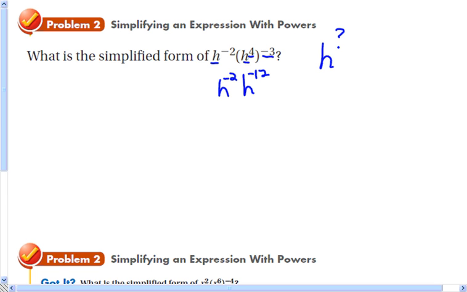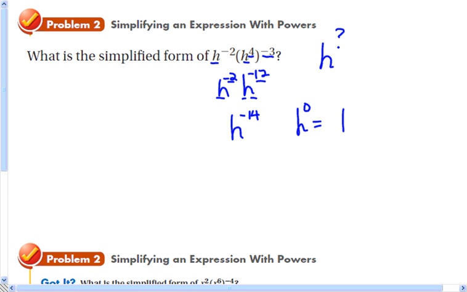And now we have the same base. We can just add the exponents. That gives us h to the negative 14th. And then to get rid of that negative exponent, remember the negative exponent means you're dividing by that base h. This is how I like to think about it. H to the 0, any number to the 0 power, is 1.